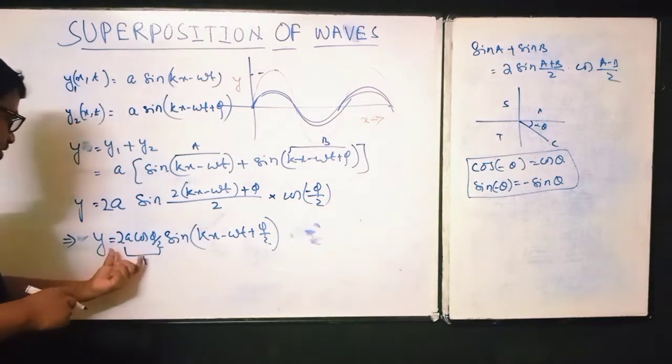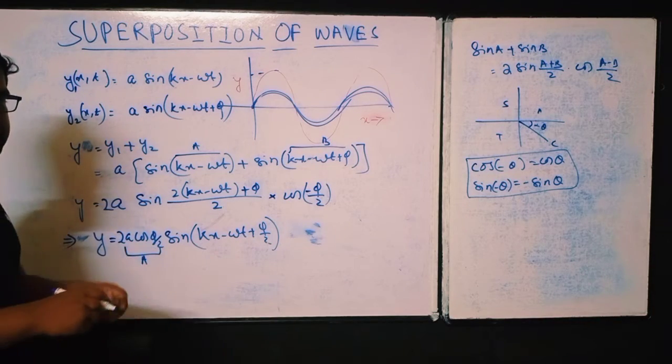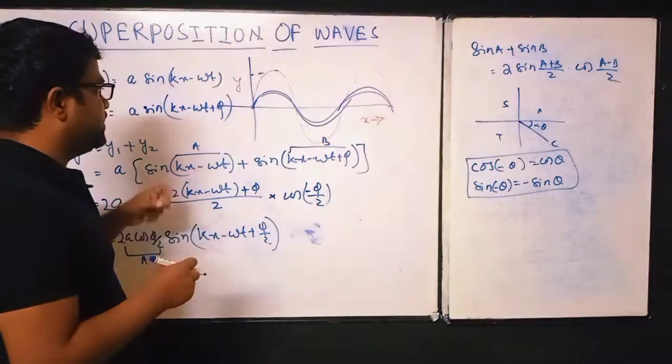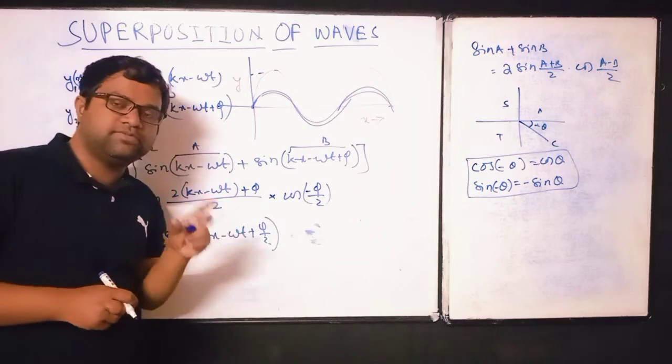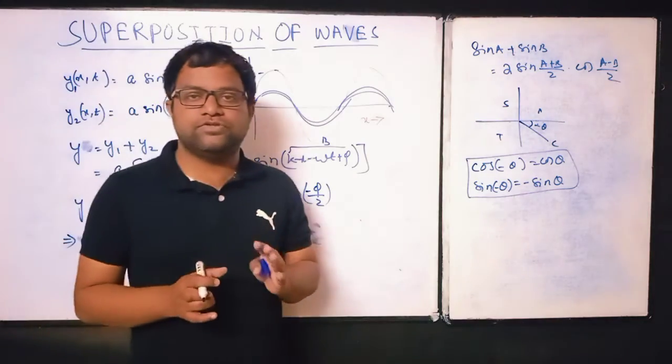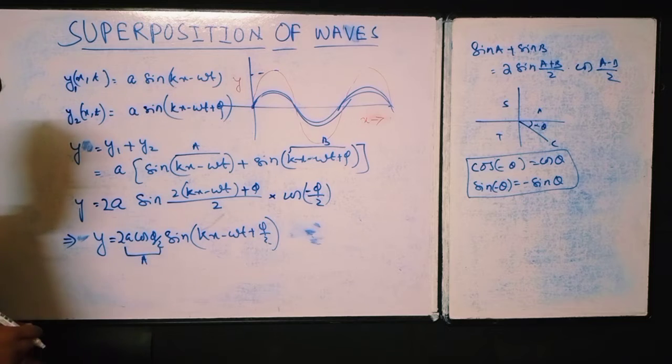In constructive interference, the brightness gets the maximum amplitude of the resultant wave. So to get the maximum amplitude, this part 2a cos phi by 2 should be maximum.